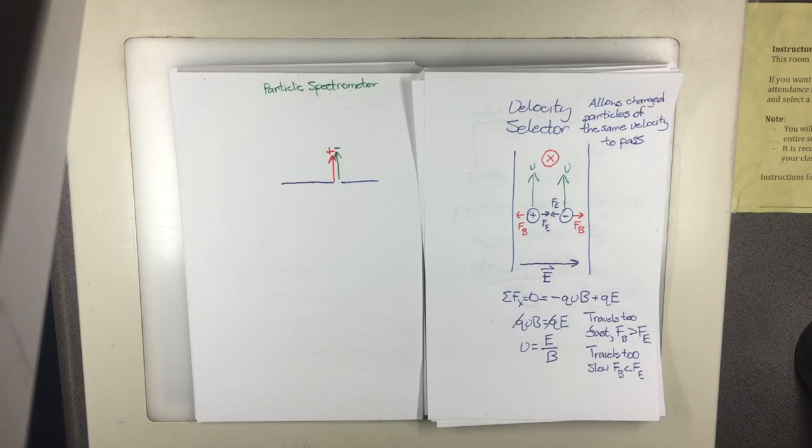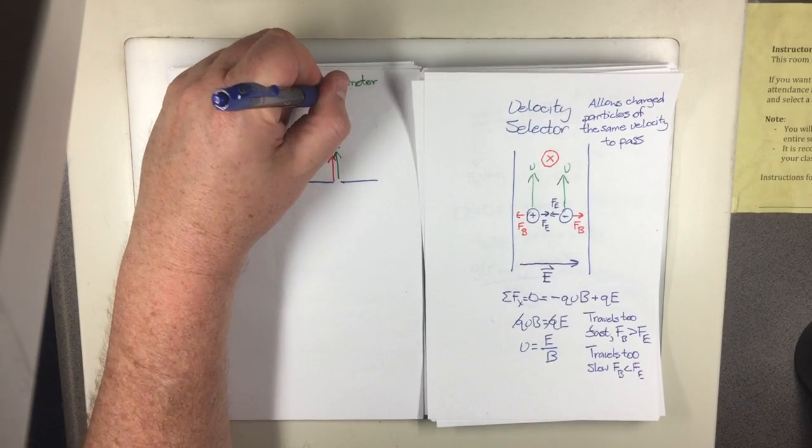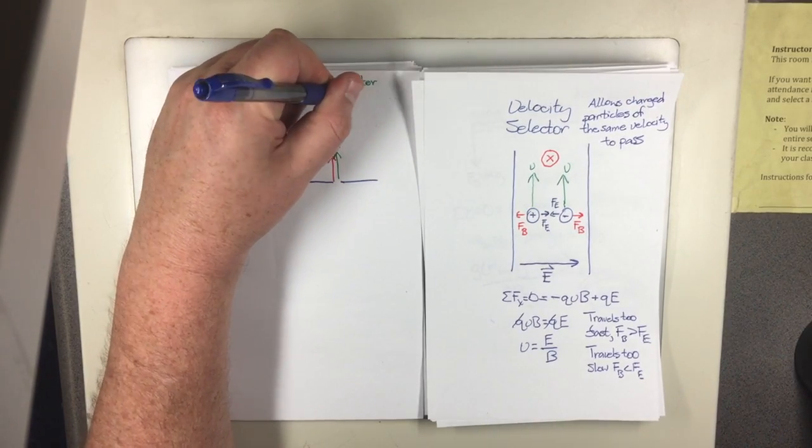And it has a B field which is in a very specific direction. In this case, it's set either into or out of the page. So let's set our B field to be out of the page.